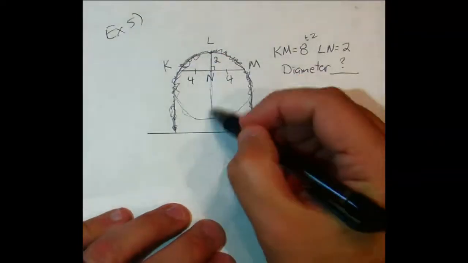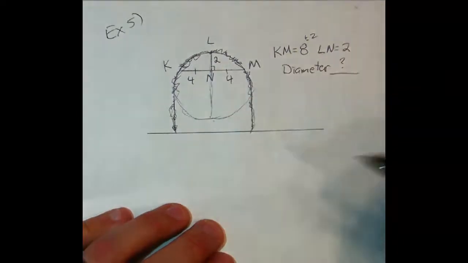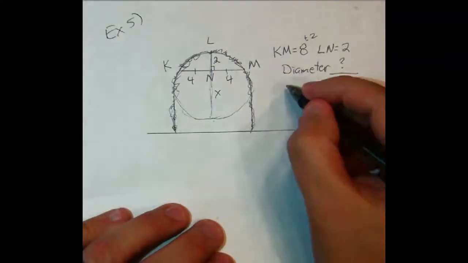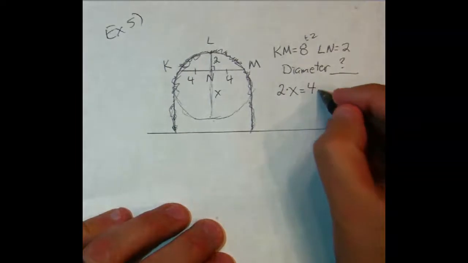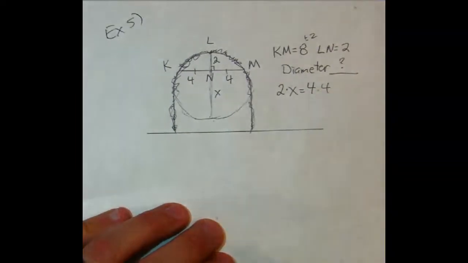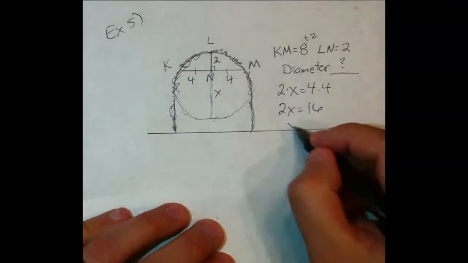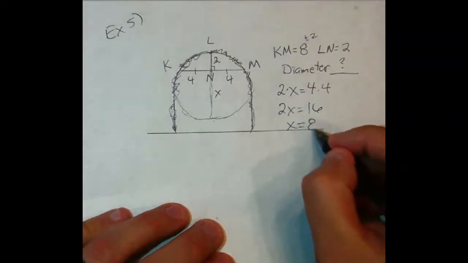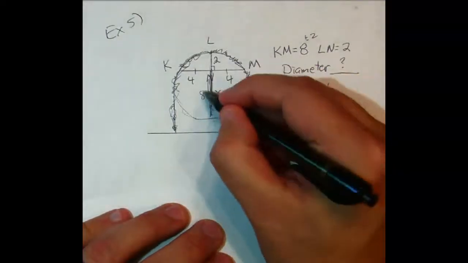And then from N to our invisible point at the other end of the circle, we'll call X. Segment times segment equals segment times segment. 2x equals 16, so x equals 8. 8 is from here to here.